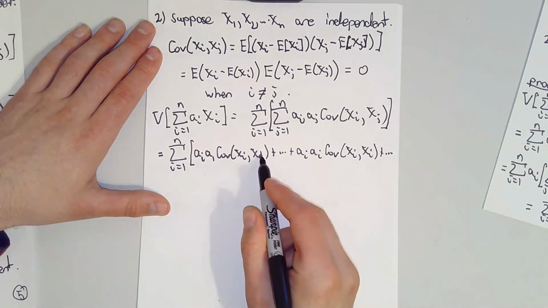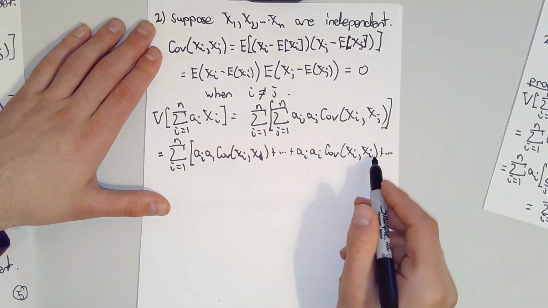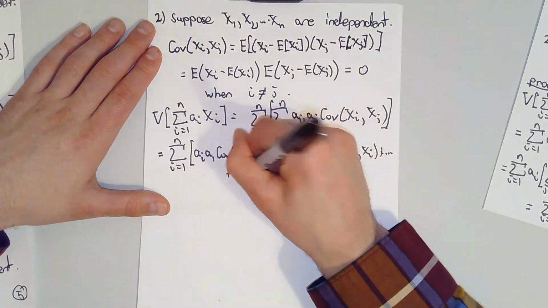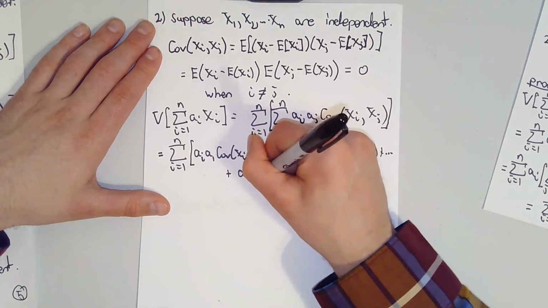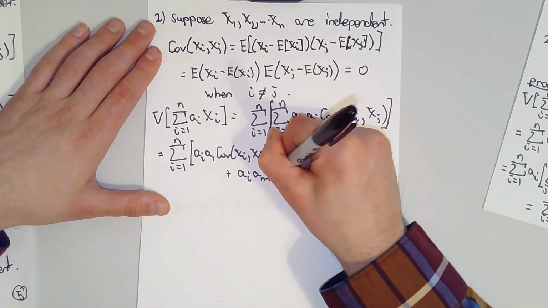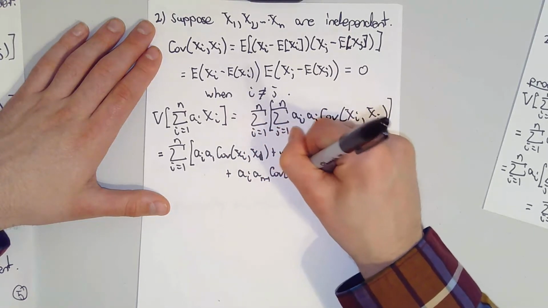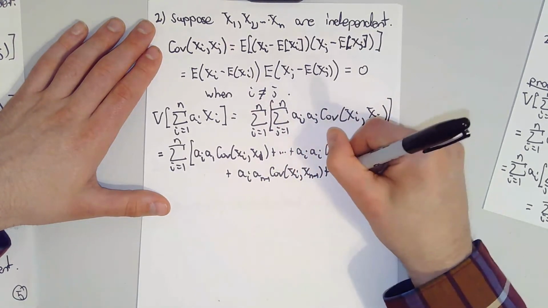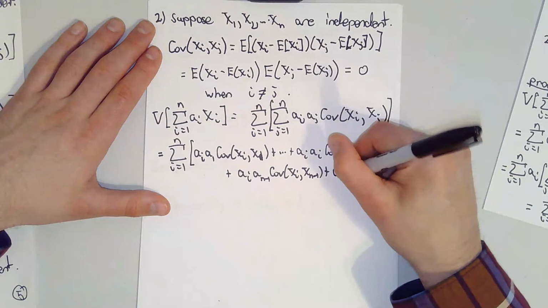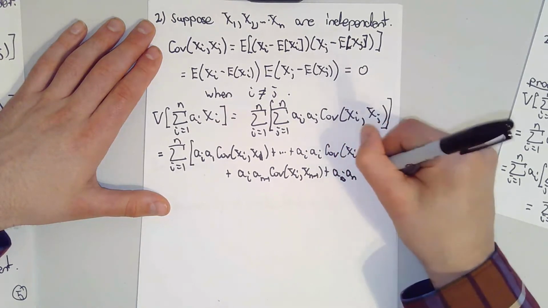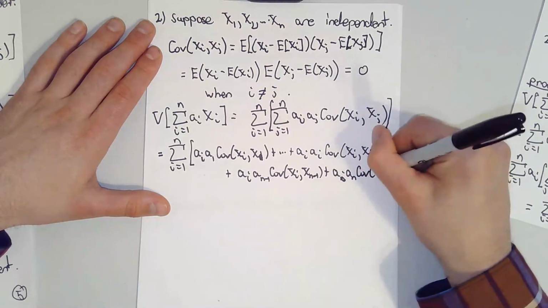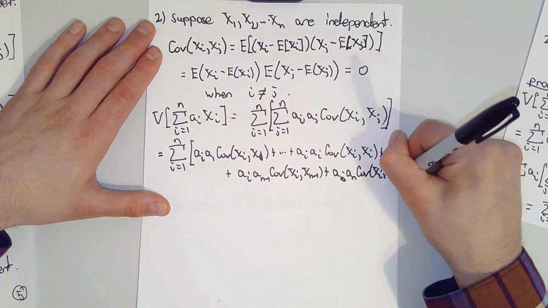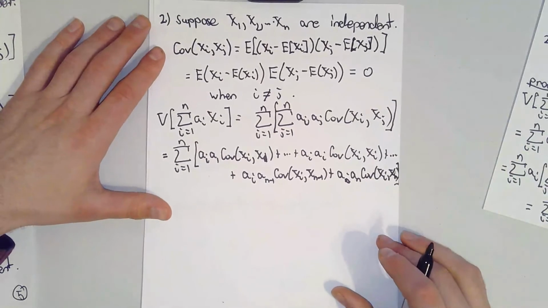So x1, then x2, all the way up to xi. And we continue doing this just like so. So I went off the paper there a little bit.